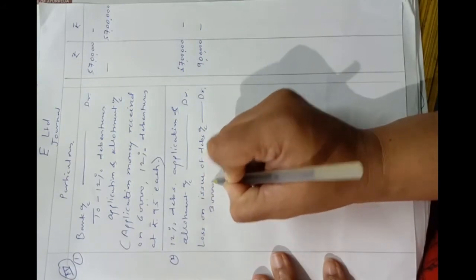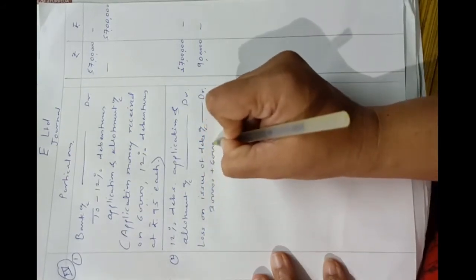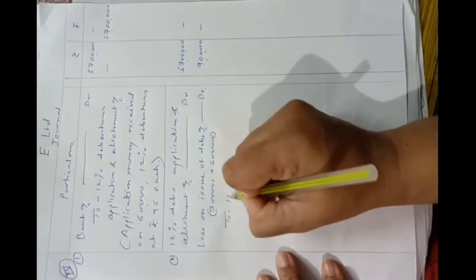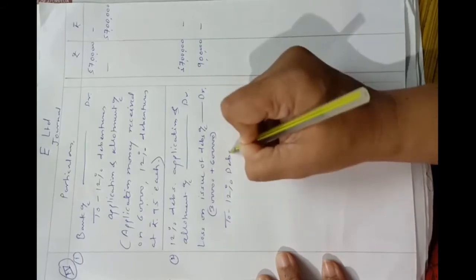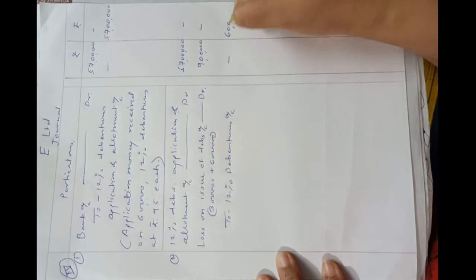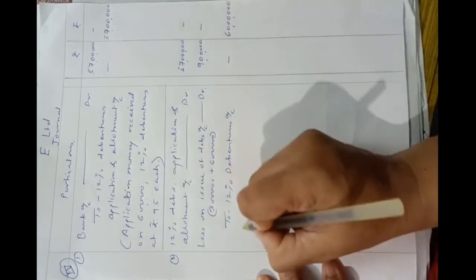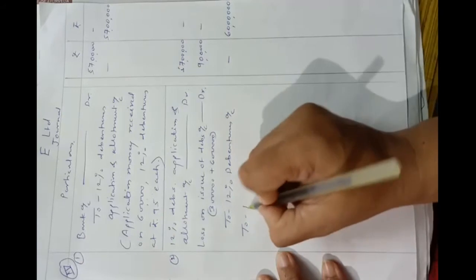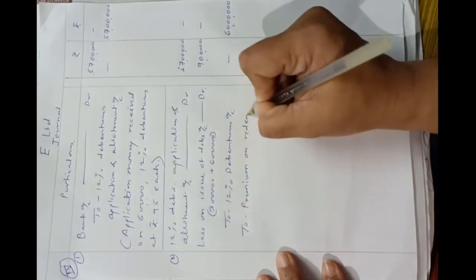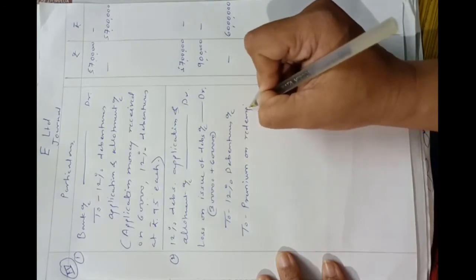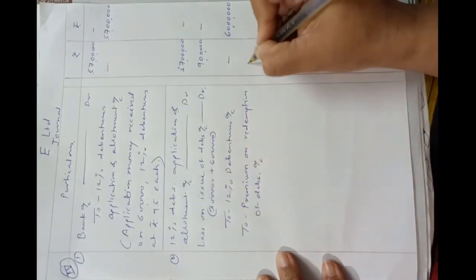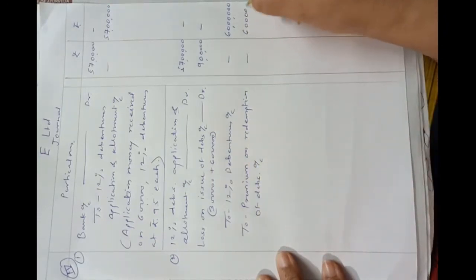3 lakhs plus 6 lakhs. Okay, to 12% debentures account ₹60 lakhs, to premium on redemption of debentures account. This premium is 6 lakhs.